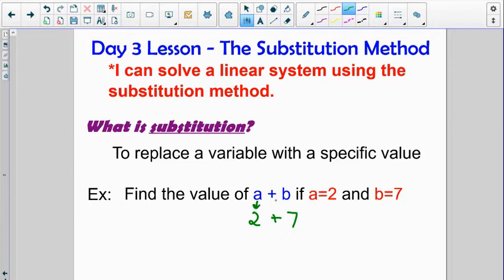We're just replacing the values for the variables, and then we're doing the math. 2 plus 7 is 9. Now, a plus b could have a completely different final value if we switch the value of a or the value of b. So we have to keep in mind that these values help us determine the overall value of the expression.